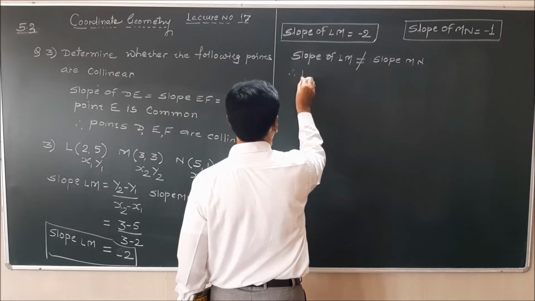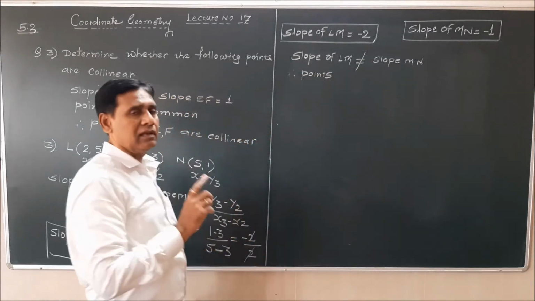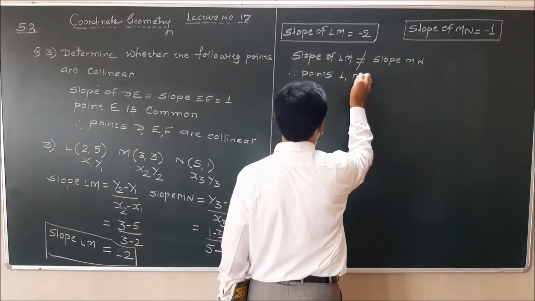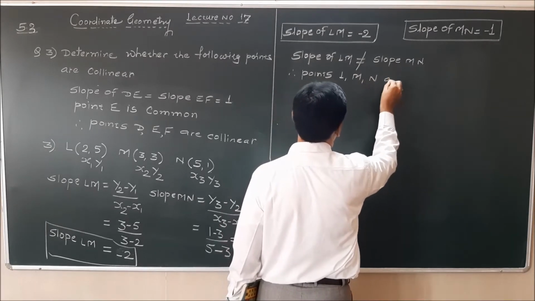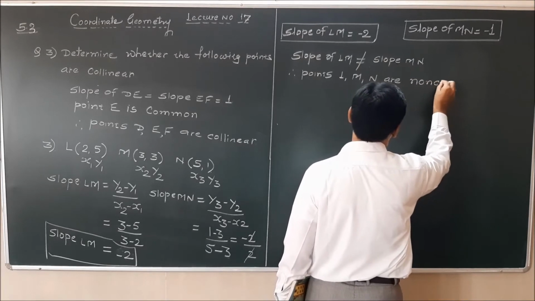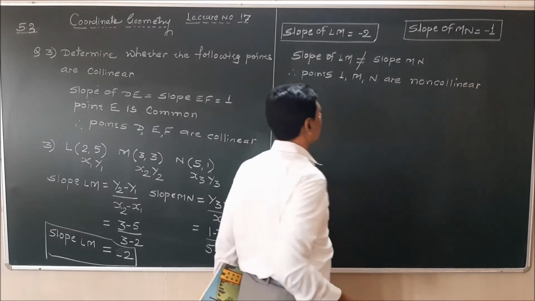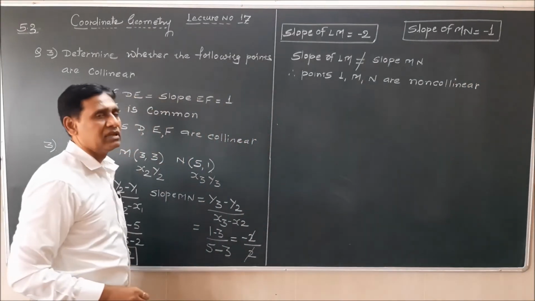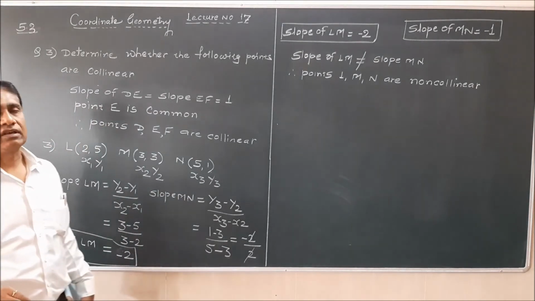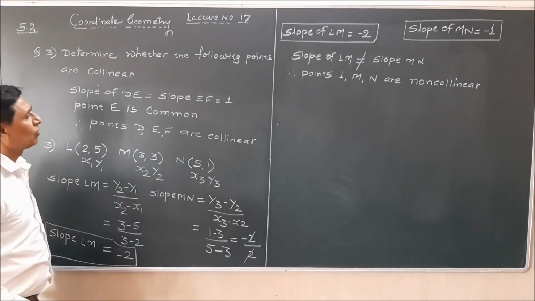Therefore, points L, M and N are non-collinear. What I mentioned over here is that slope of LM is not equal to the slope of MN, therefore the points are non-collinear.